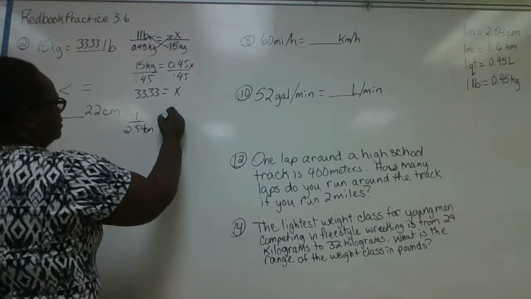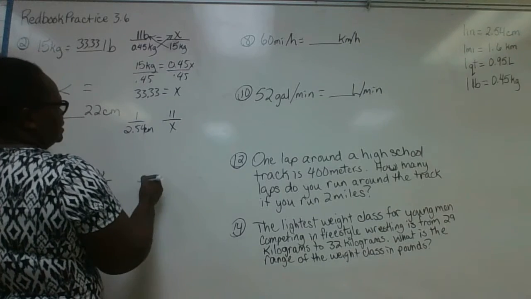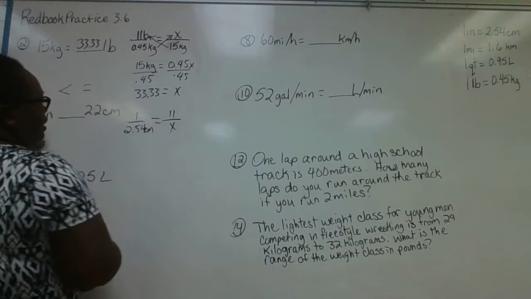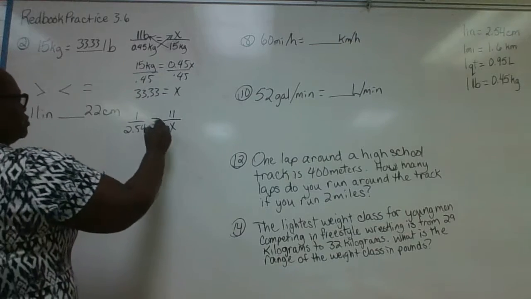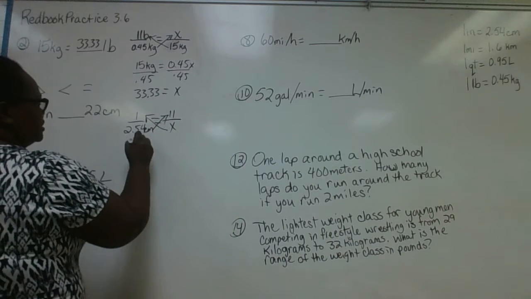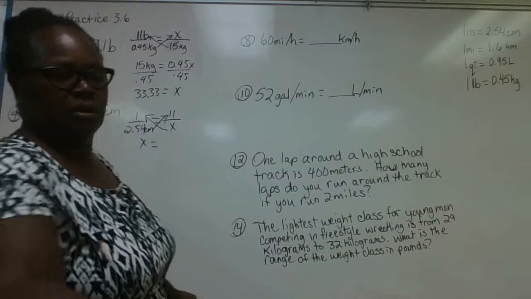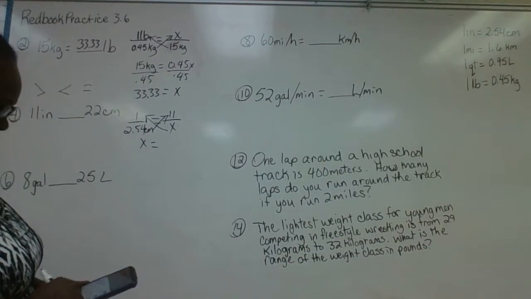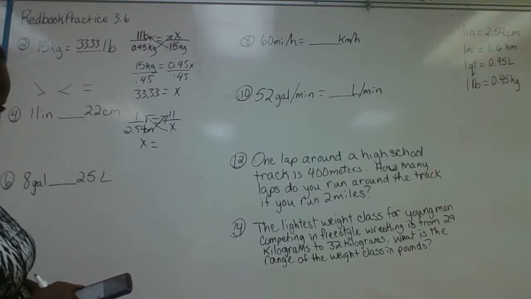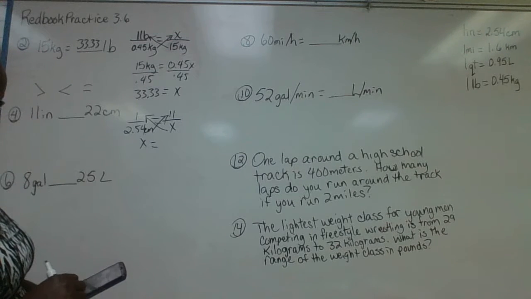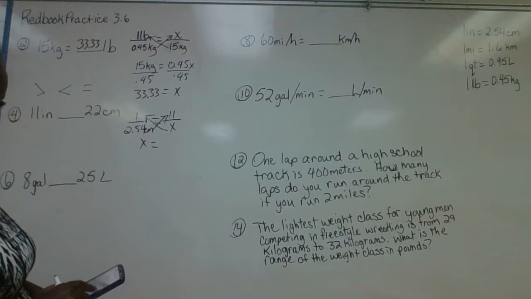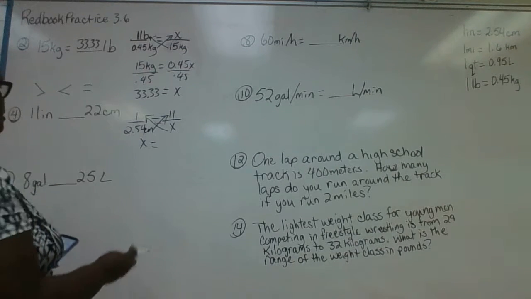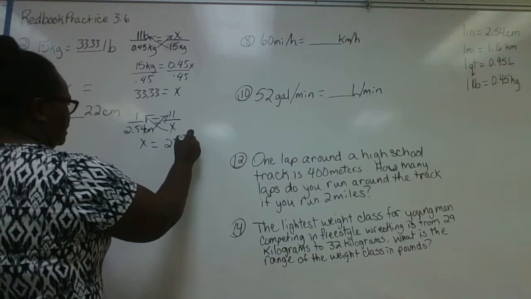so that we're comparing centimeters to centimeters. So we put our 11 here, our x here, because we don't know how many centimeters 11 inches equates to. So we're going to cross multiply, and we discover that 2.54 times 11 is 27.94.